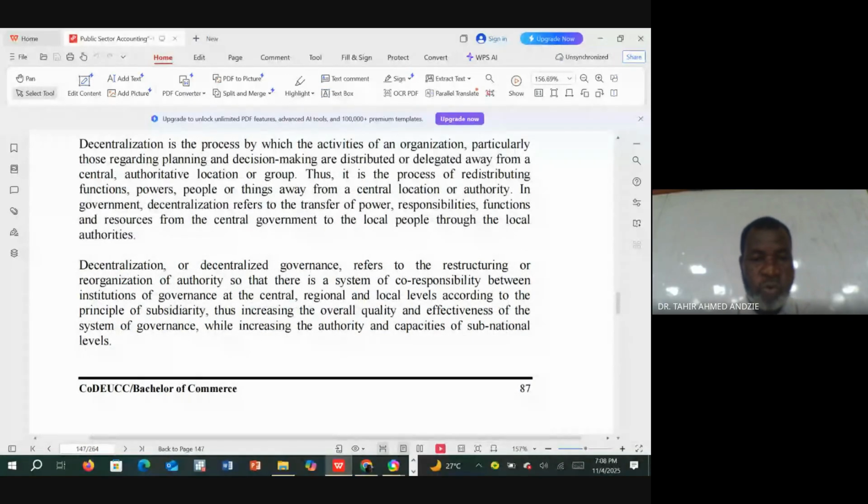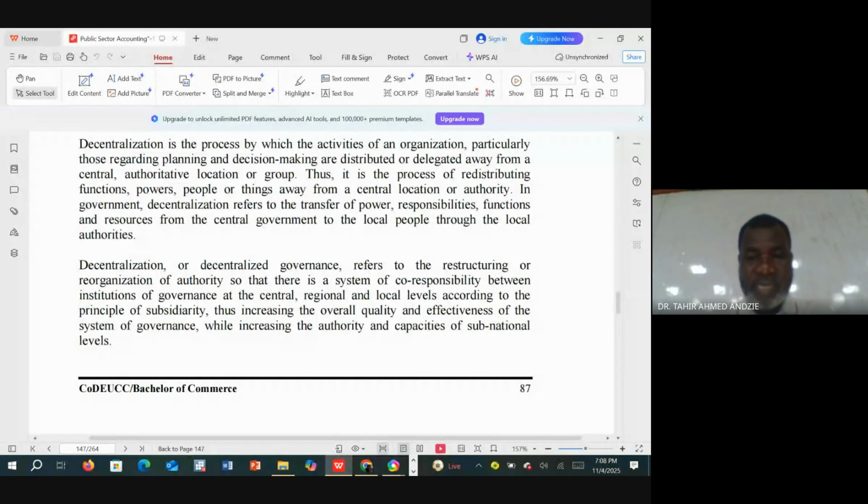So decentralization, or decentralized governance, refers to the restructuring or reorganization of authority so that there is a system of responsibility between the institutions of governance at the central, regional, and local levels, according to the principles of subsidiarity, thus increasing the overall quality, efficiency, and effectiveness of the system of governance.